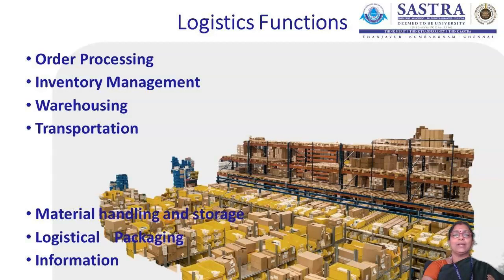So far, what I discussed with you are the various functions of logistics management. We discussed nearly 7 components: order processing, which deals with the process of ordering the product, information sharing, inventory management, warehousing, transportation, material handling and storage, logistical packaging, and finally the role of the information system.